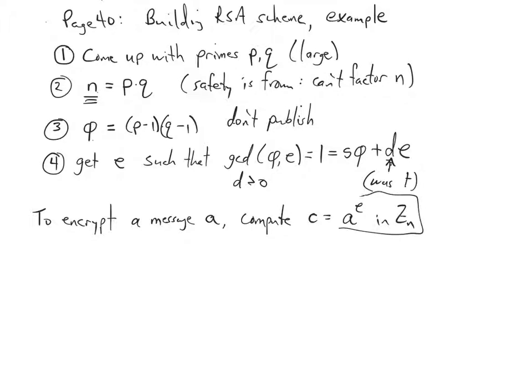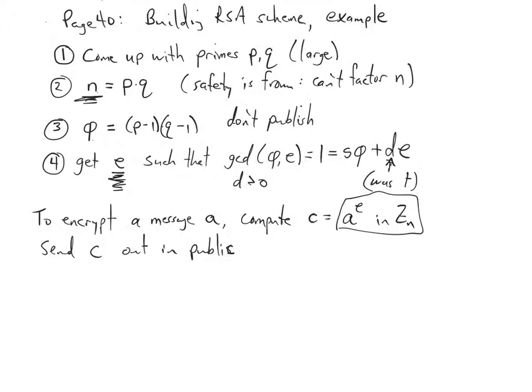So the computation, modular exponentiation, gives us A to the E, always reduced mod n, and then we transmit it. So we send C out in public. Oh, I forgot to say the E is also public. Oops. So N and E are the things that we publicly tell everyone in the world.